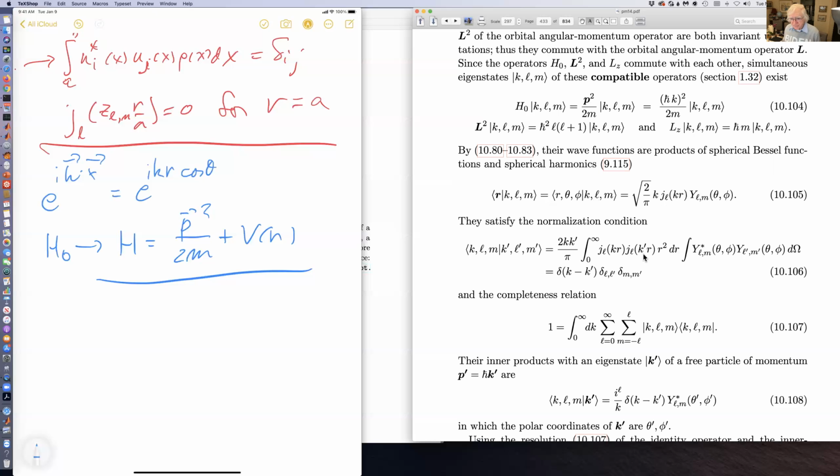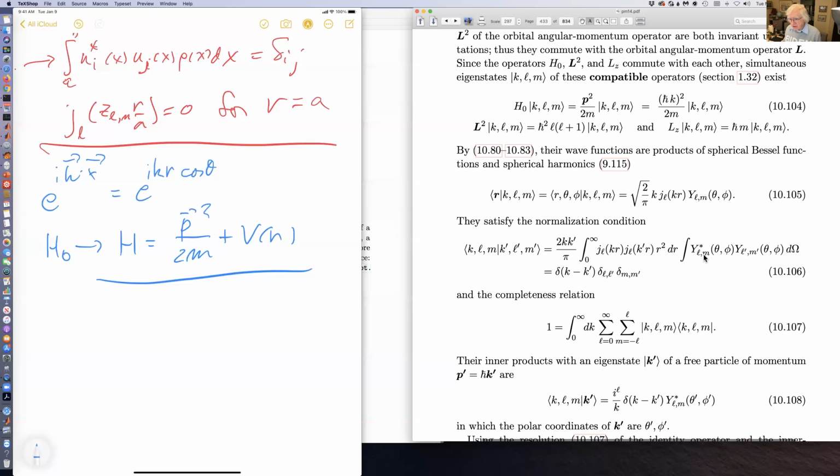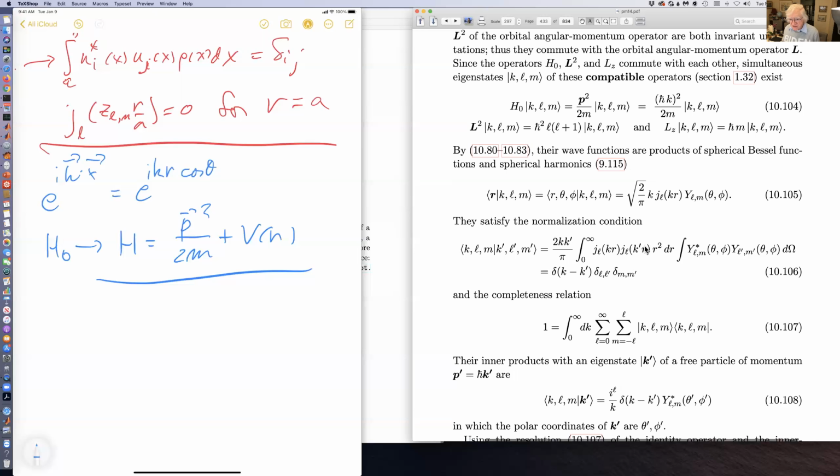In other words, you just write these two as you insert a complete set of states, r theta phi, and the bra gives us j_l of kr, Y_lm star of theta phi, and the ket k prime l prime m prime gives us j_l of k prime r, Y_l prime m prime. And now we have the orthogonality in l and m over here. And then this gives us an orthogonality, a delta function of k minus k prime.